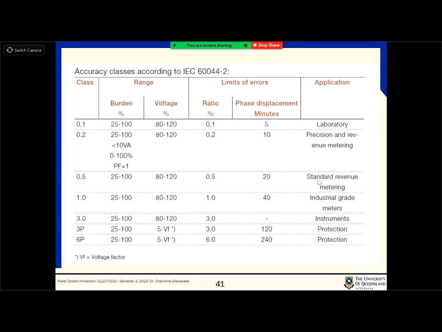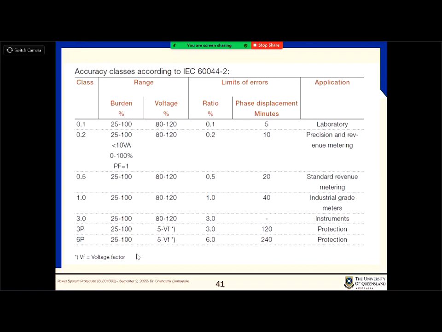And then standard revenue measurements, 0.5. So these are precision and revenue, right? And then industrial grade meters, 1%. And then instruments, this is the instrumentation, 3%. Protection, it could be 3 or 5, depending on 3-phase or 6-phase, 3P or 6P classes.